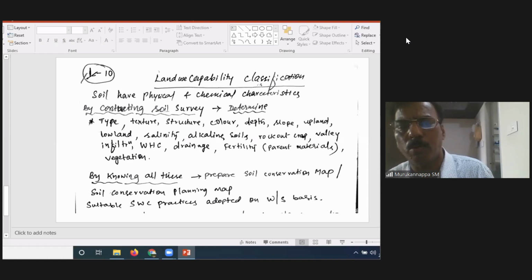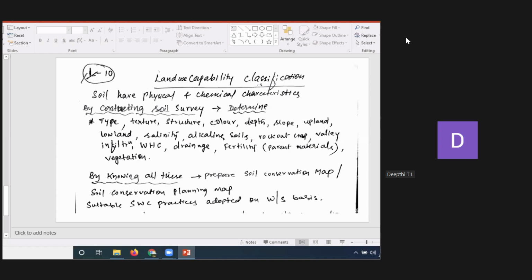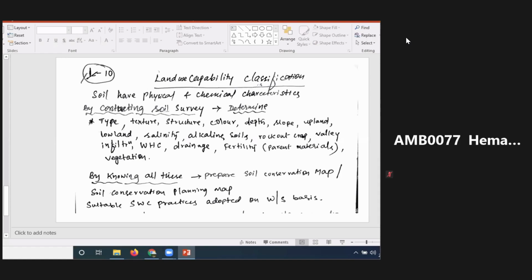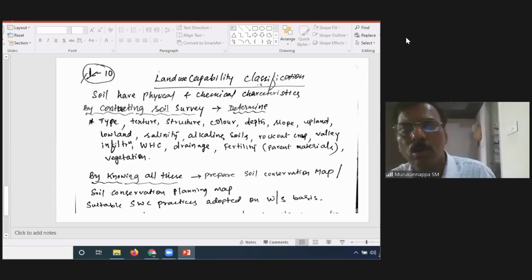Please, someone. Yes, three, sir. Conservation measures for arable land, non-arable land, and also drainage land. So in this way, you have to make the demarcation and mapping of the arable land, non-arable land, and the drainage line. Like that, you have to make a map.